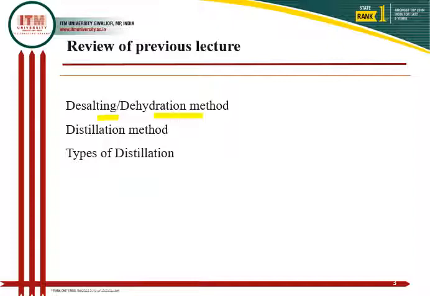And then we have seen in lecture number 2 the distillation method, the various types of distillation with the main principle, including steam distillation, vacuum distillation, fractional distillation, and the important features of the distillation column and the factors affecting the distillation column operation.